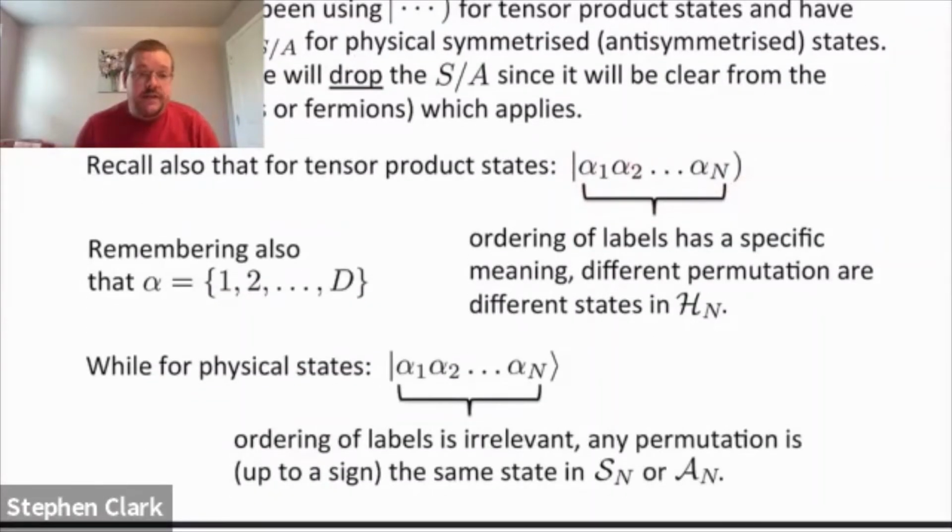But for physical states, we know that the ordering is not relevant because we summed them all up anyhow with permutation signs on them. So up to a sign, the ordering of these numbers inside a physical state is irrelevant. It will at most give you a sign factor coming out in the case of an anti-symmetric state if you decided to shuffle them around.